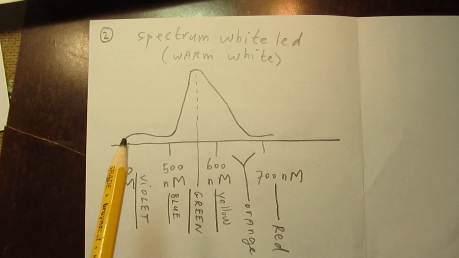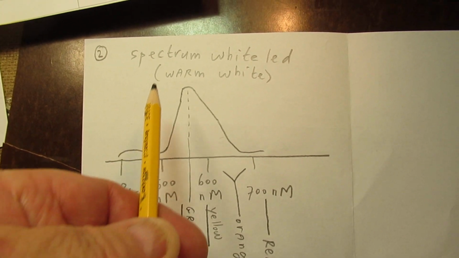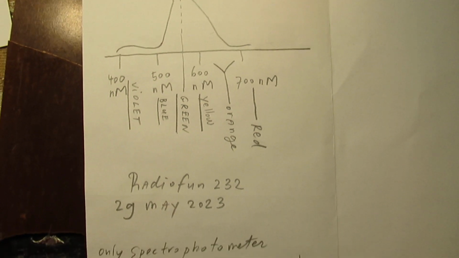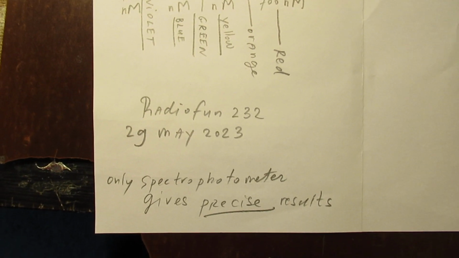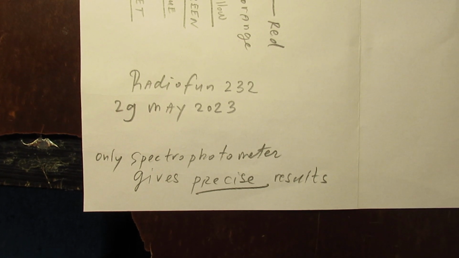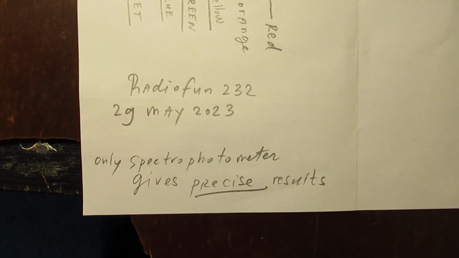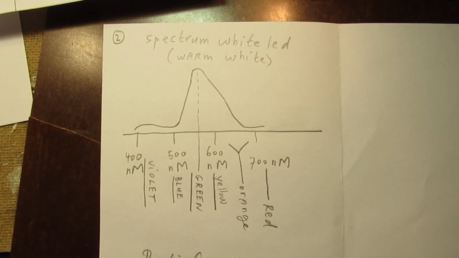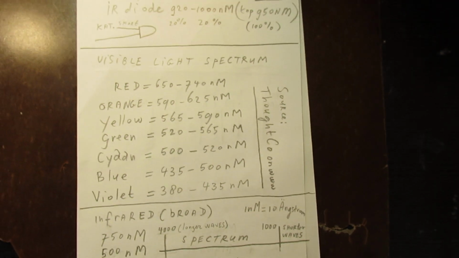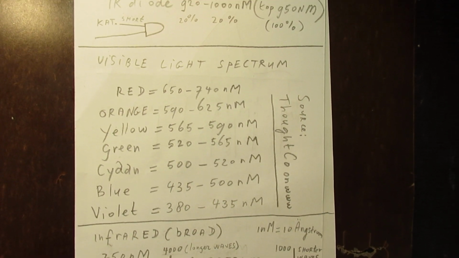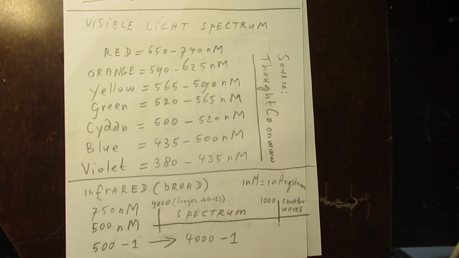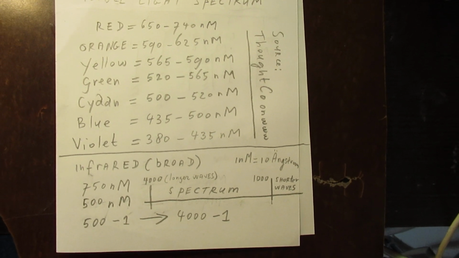With daylight we see a very big peak here, etc., etc. I want to refer to the earlier video, where I told, of course, that only the spectrophotometer can give you precise results when you shine on that spectrophotometer a LED shining out light, visible or invisible, and then you can exactly study the spectrum.